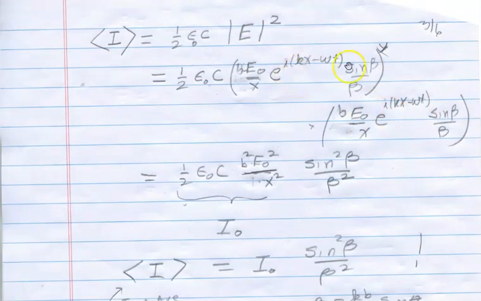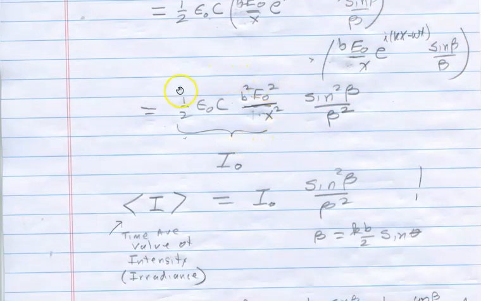The complex conjugate just says substitute everywhere there's an I and minus I, so the only thing it changes is I get a minus I here, which will multiply to the plus I to make that imaginary part go away. And everything else is just multiplied together. B times B is B squared, E naught times E naught is E naught squared, X times X is X squared, sine beta over beta is sine squared beta over beta squared.